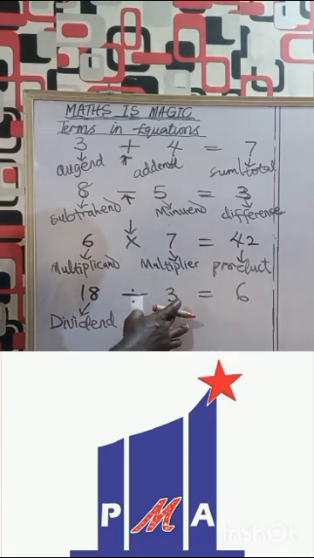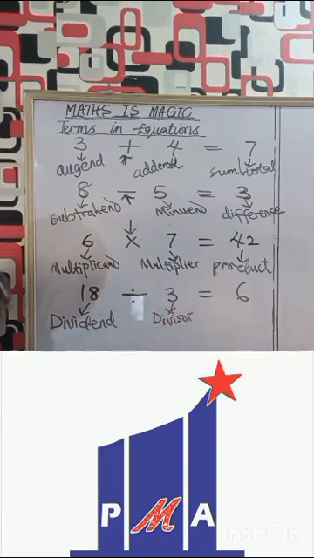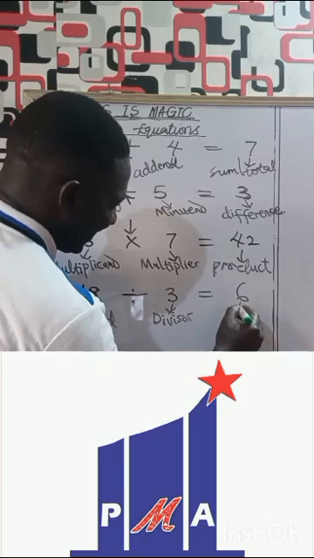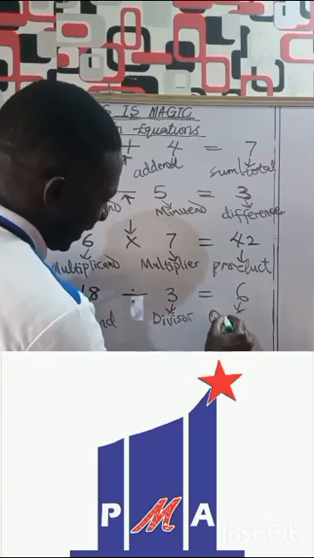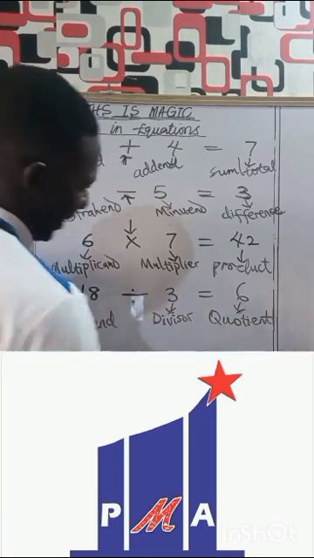Remember, the other one is called the divisor. And this is called the quotient.